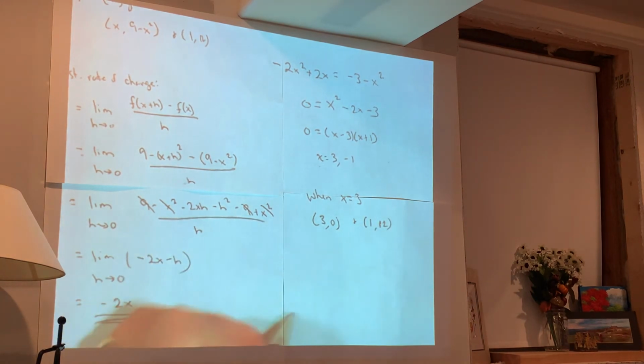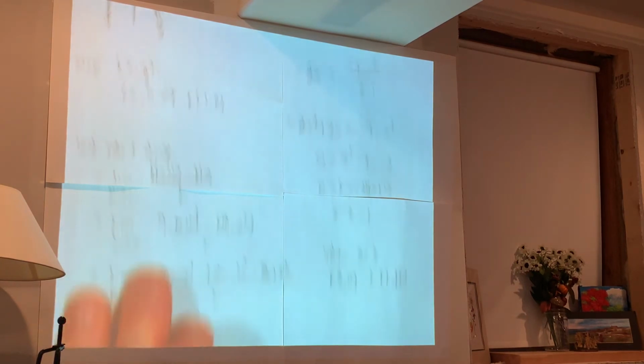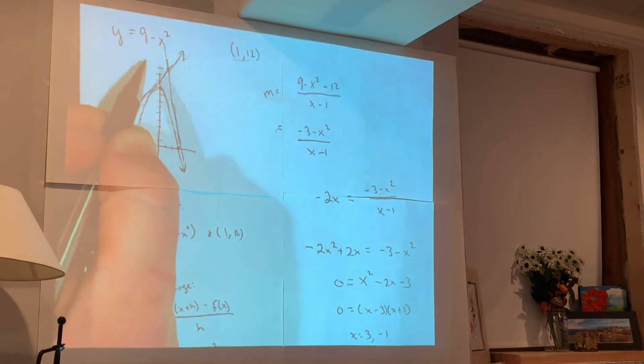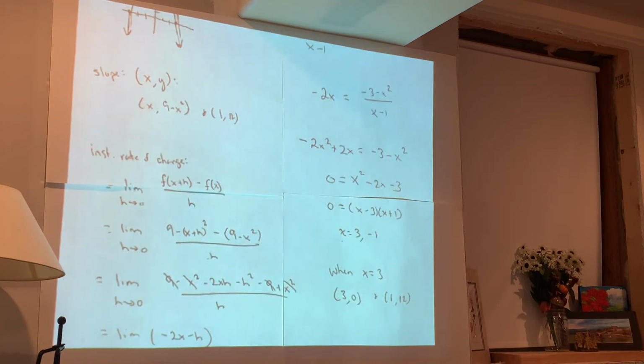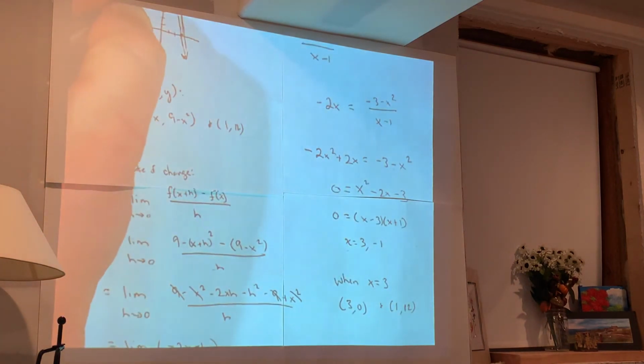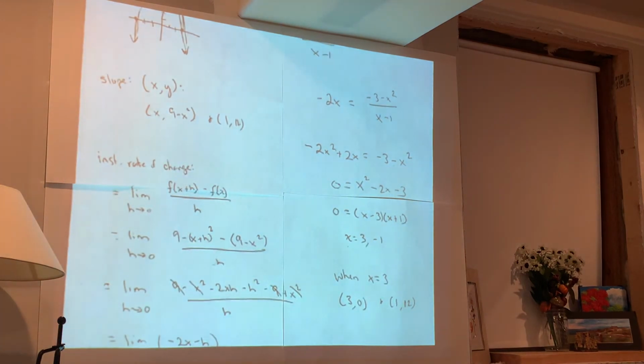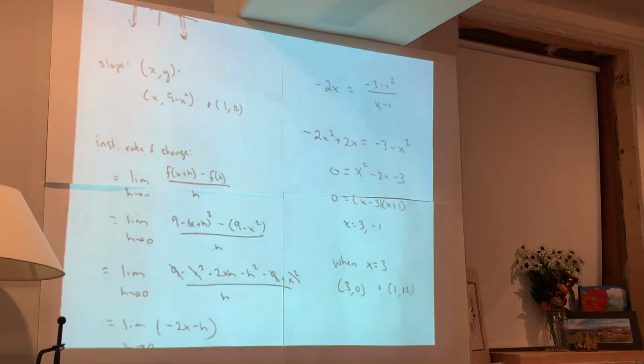And then we also have when x equals -1, what point? Well, let's plug in -1. Square -1, you get 1. 9 minus 1 is 8, so that should be (-1, 8). Seems legit. And then the point (1, 12), in order to write the equation of the line.